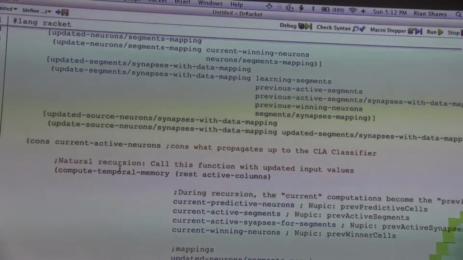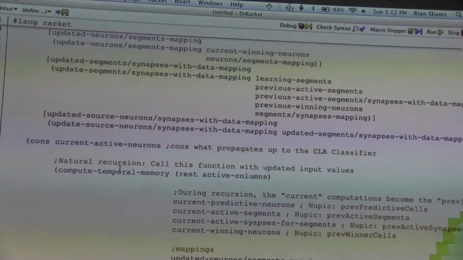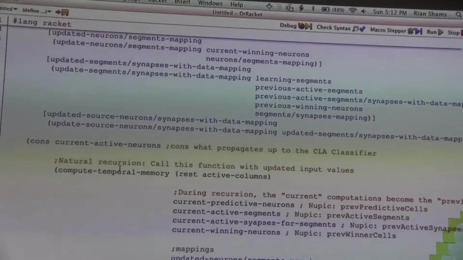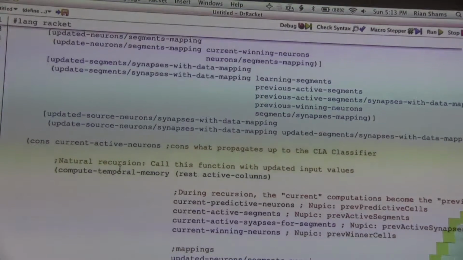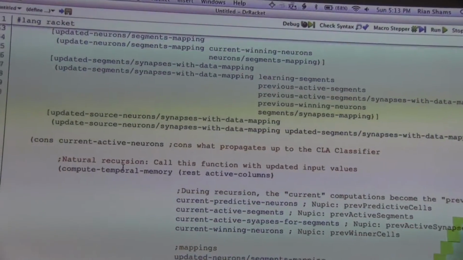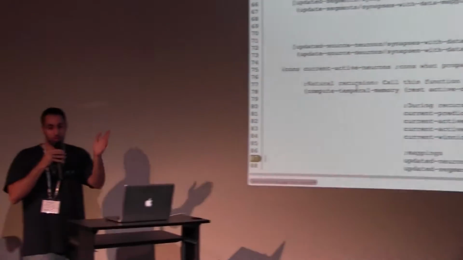So we're essentially not worried about the state of the program at all. The only thing that we actually output is what goes up into the CLA classifier, so the active neurons. The rest of the outputs stay within the recursive system, and we only need them as the data flows from your sequences. So this is how we continue the process.